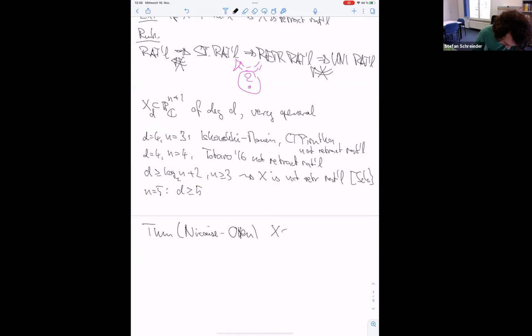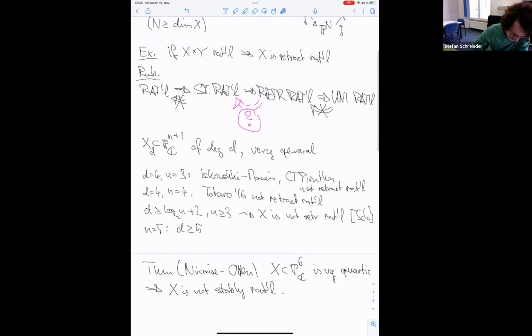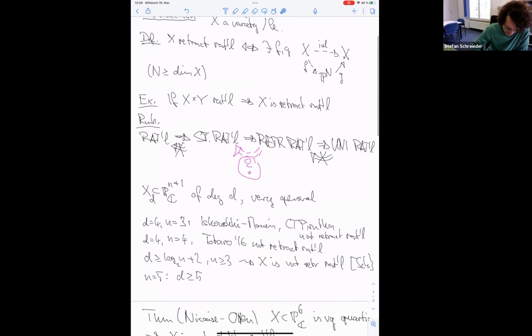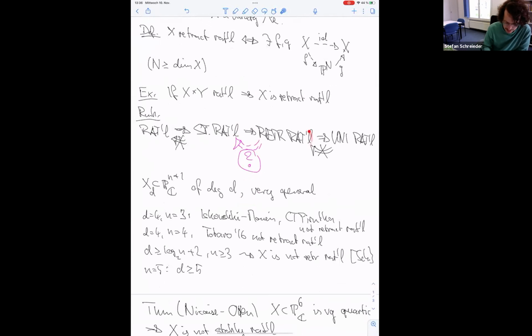So they show that if X in P6 over C is a very general quartic, then X is not stably rational. Okay, and the point here is that these previous approaches, they all detected, in fact, not only stable rationality, but retract rationality.